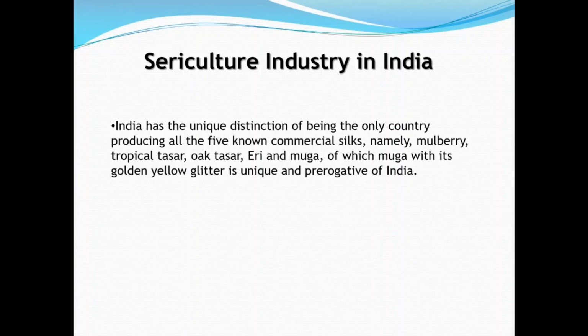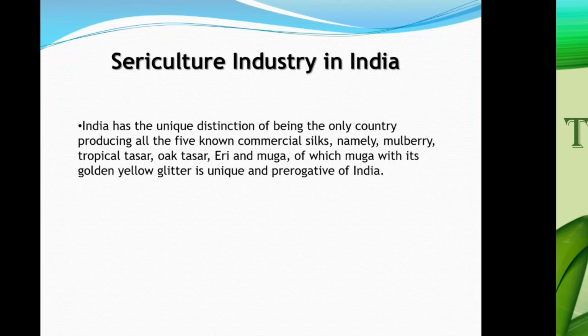India is the unique country which is producing all the 5 known commercial silks, namely mulberry, tussar, oak tussar, eri and Muga silk, of which Muga with its golden yellow glister is unique to India.